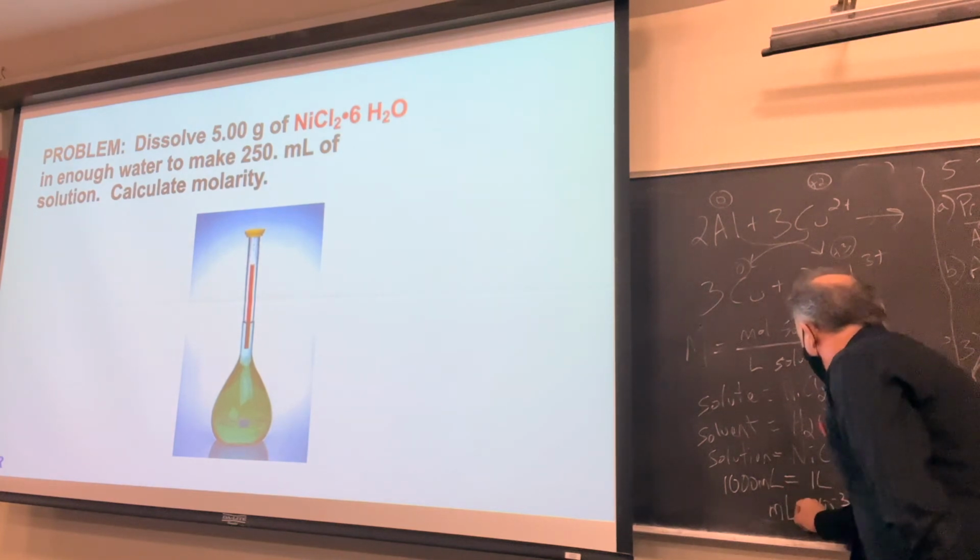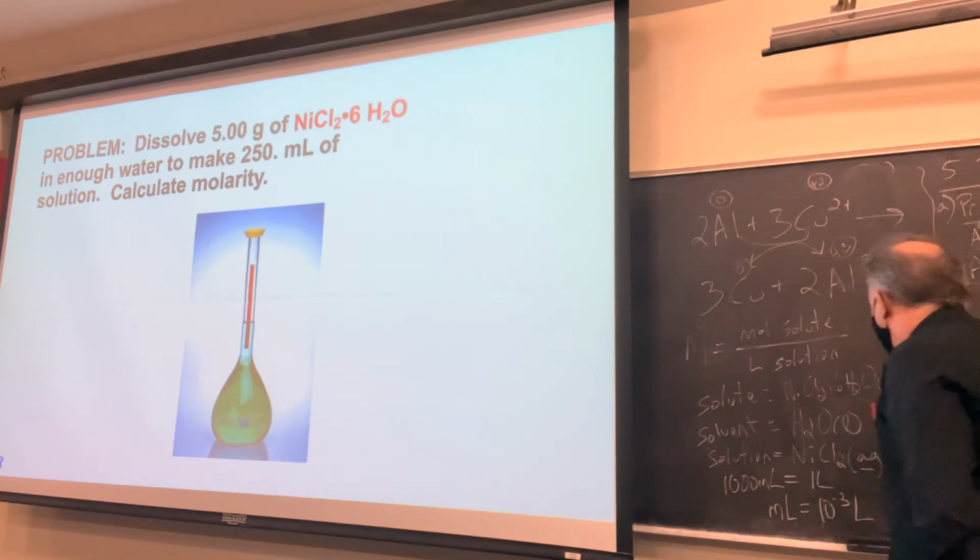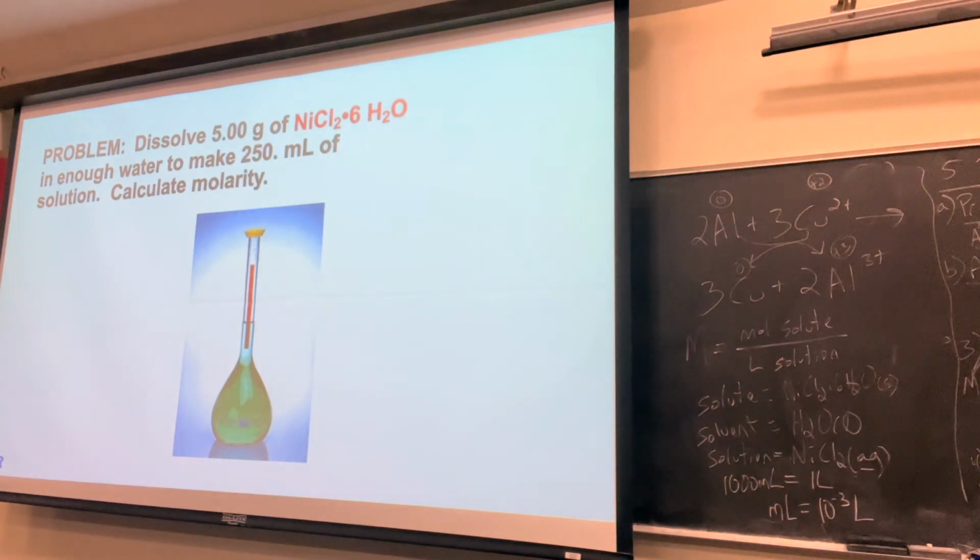So 1 milliliter is 10 to the minus 3 liters. But you can convert this second one into the first one. You divide both sides by 10 to the minus 3. And on this side, 1 over 10 to the minus 3 becomes 10 to the positive 3, which is 1,000. So that's why I generally tell people to use this one, 1,000 milliliters per liter. But there's nothing wrong with using 1 milliliter equals 10 to the minus 3 liters.